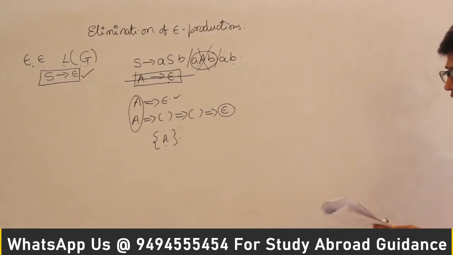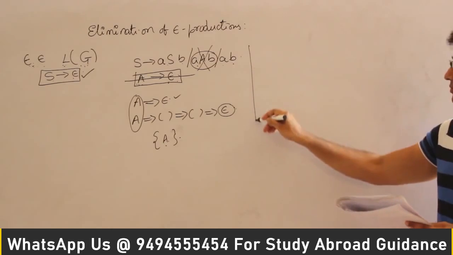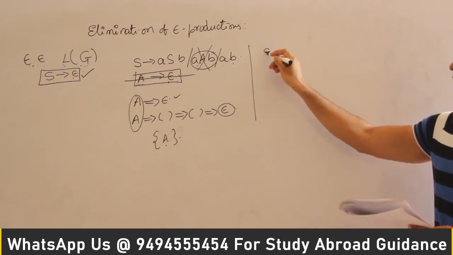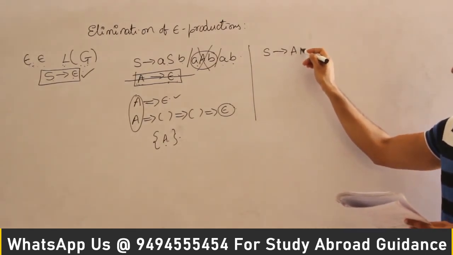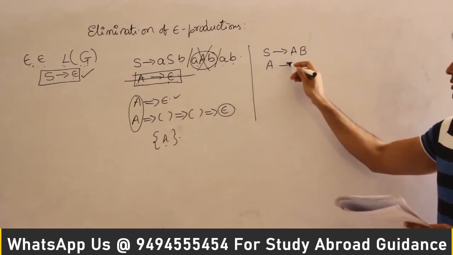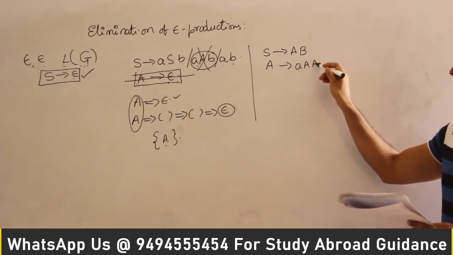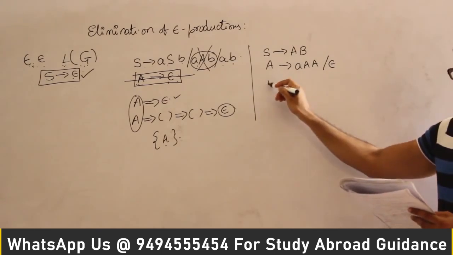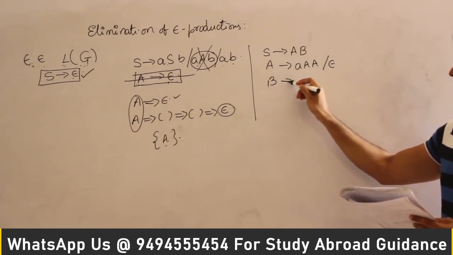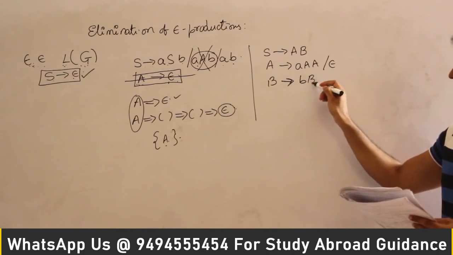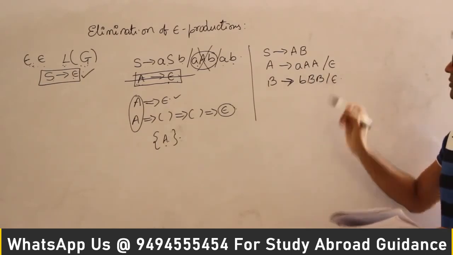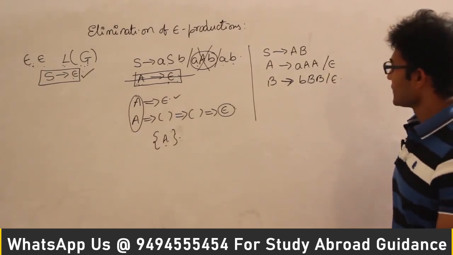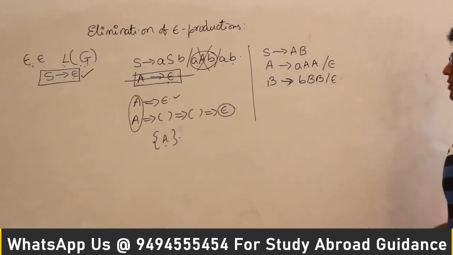Now let's see this one. S derives AB, A derives AA or epsilon, B derives BB or epsilon. Okay, so in this find out what are the nullable variables.